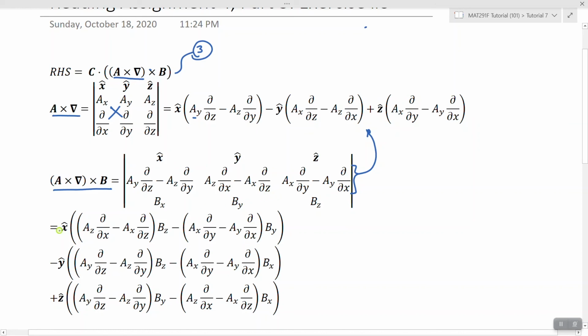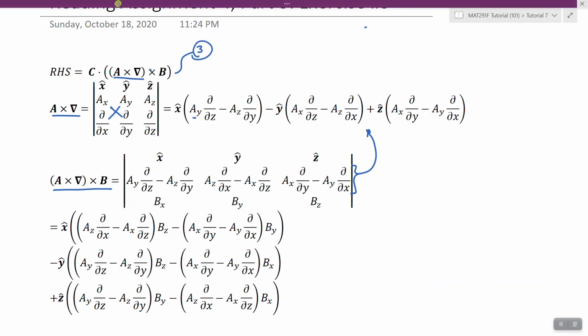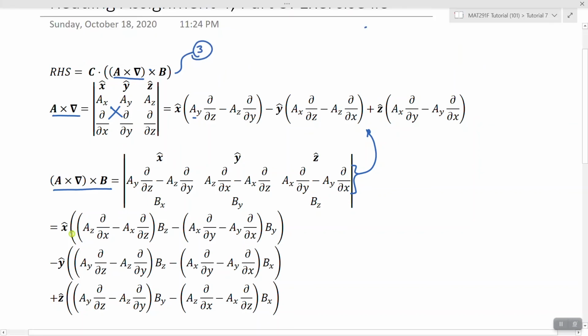So for the x component, you want to get the determinant of this matrix. You can see we get az partial x minus ax partial z times bz, minus all of this: ax partial y, ay partial x applied to by.